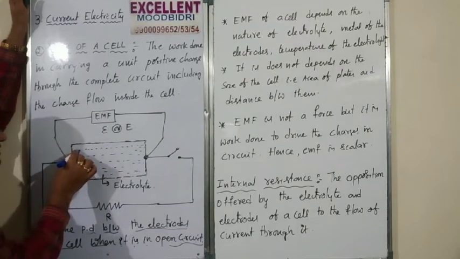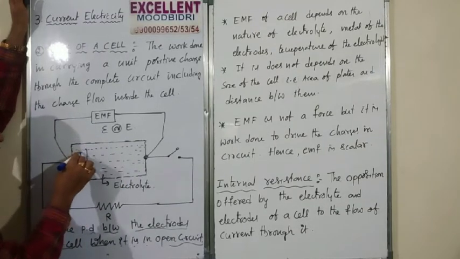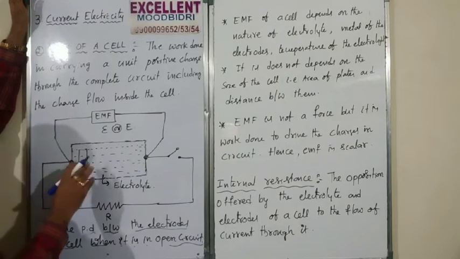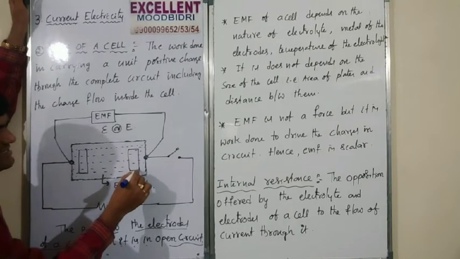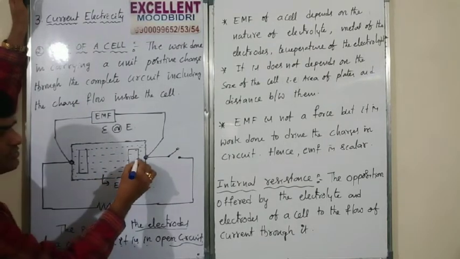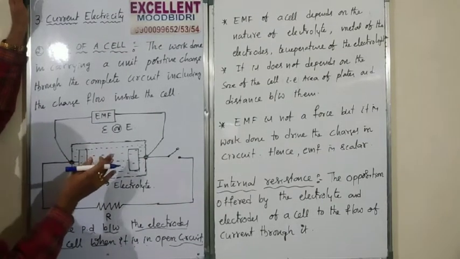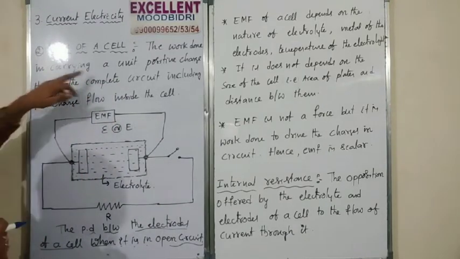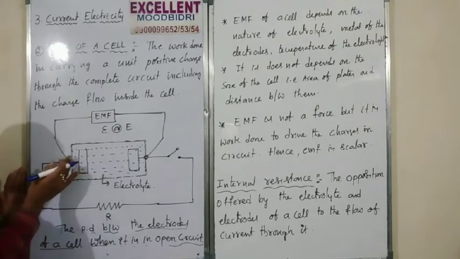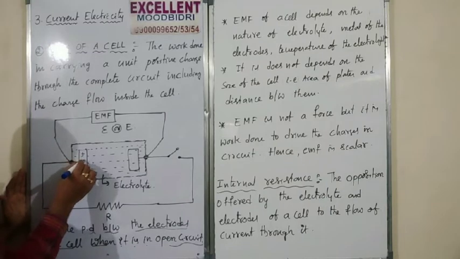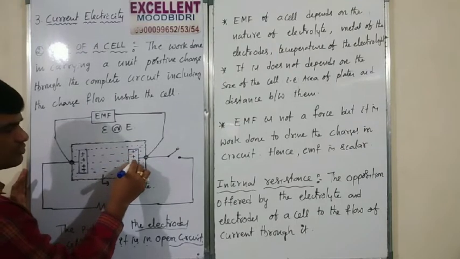All positive charges will come here, so this is the positive electrode, and all negative charges will go here, which is the negative electrode. The positive electrode and negative electrode are connected like that. That is the amount of work done in carrying a unit positive charge through the complete circuit.